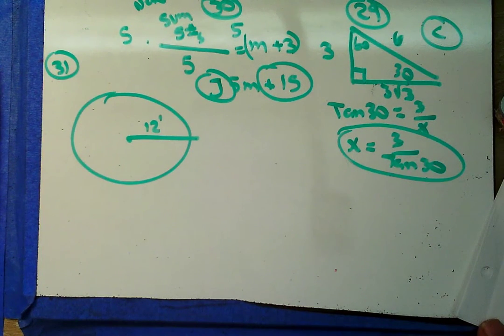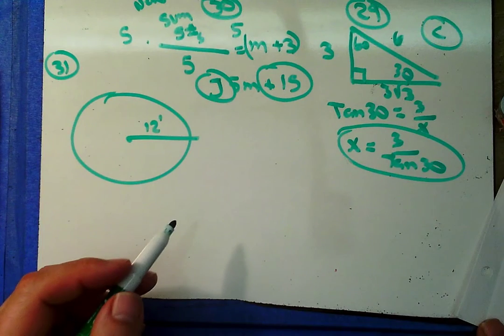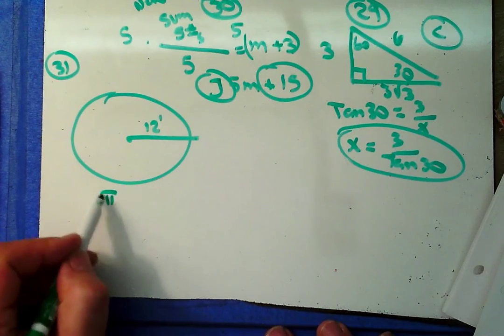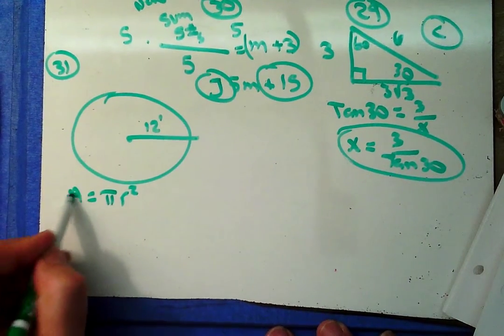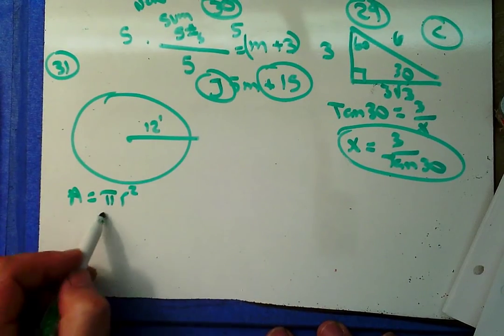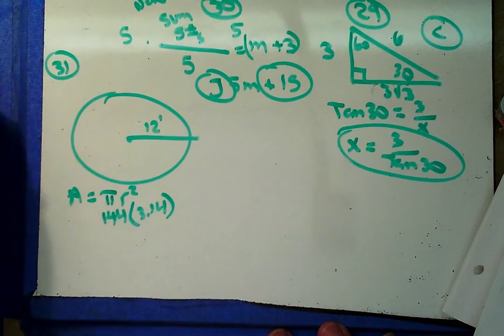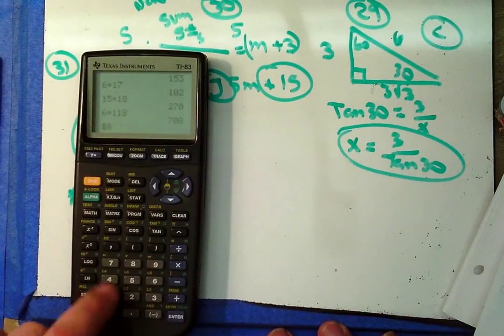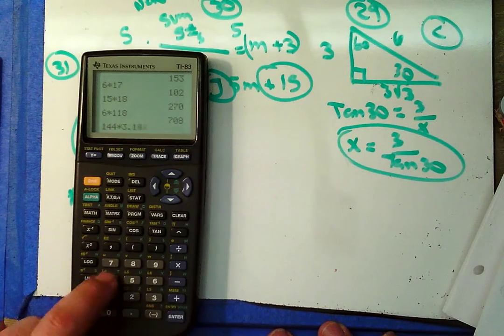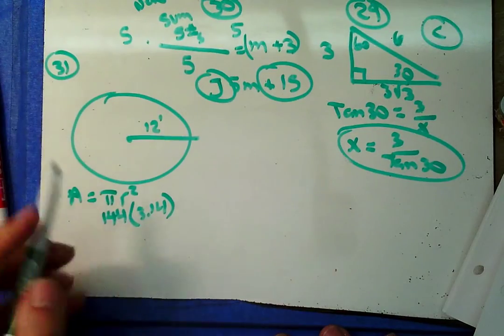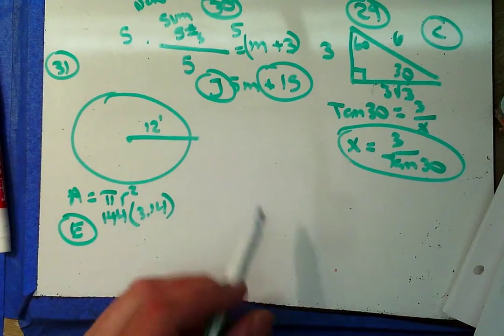What is the approximate area of the lawn where the dog could roam? Well, pi r squared is the area of a circle, so we're going to have 144 times 3.14. We'll pull out our calculator. 144 times 3.14, and we get 452.16, which looks like choice E.